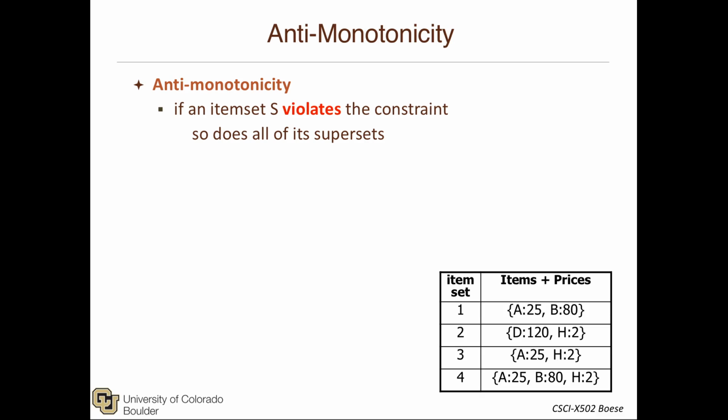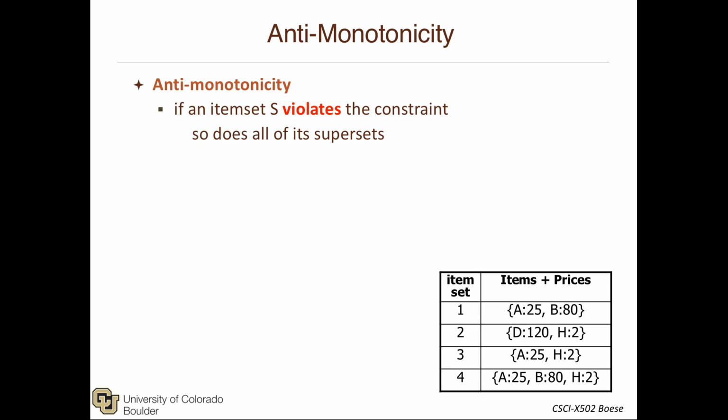So for example, let's say we were doing Apriori, and the sum of all prices in an item set should not exceed 100. If you already have a subset of items in the basket that exceed 100, there's no superset that can fix that, because you're violating this constraint, and all supersets are guaranteed to also violate it.